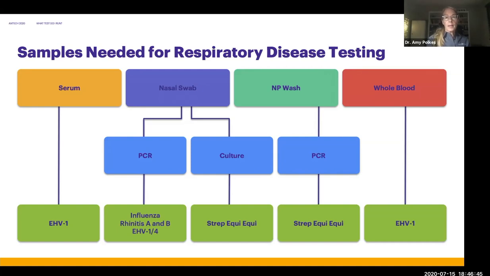So one thing that I didn't mention, and I'm going to just mention it here, these are all one-time samples that I talked about. But the consensus statement from ACVIM from many years ago about Strep equi was that if you had a horse that you diagnosed as positive for strangles and you were then trying to determine whether they still had the organism, you would need a nasopharyngeal wash PCR negative 1 week apart for 3 samples.